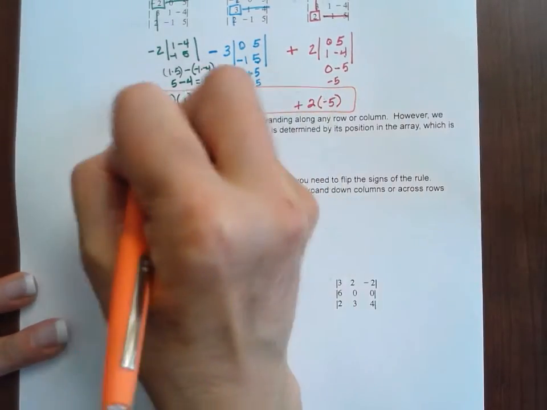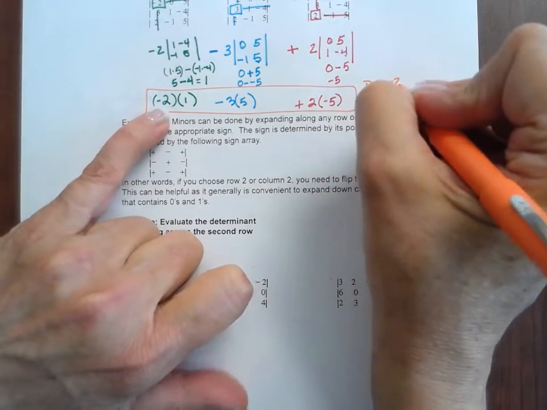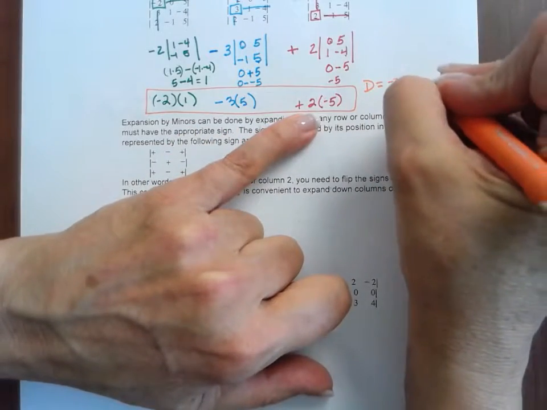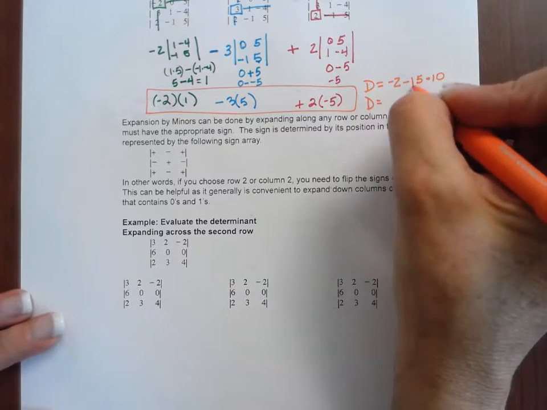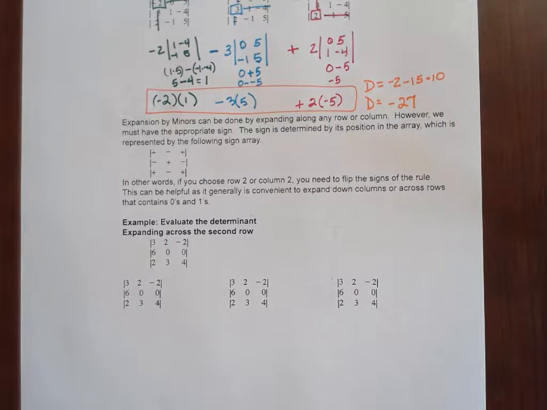So now the determinant of the whole thing is going to be -2 minus 15 minus 10, which will give me negative 27. Good? Make sense?